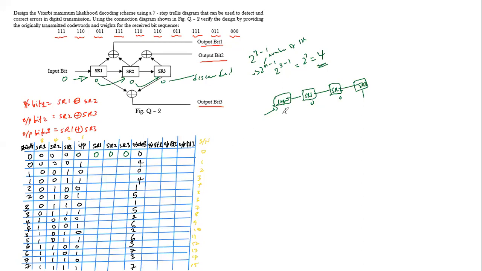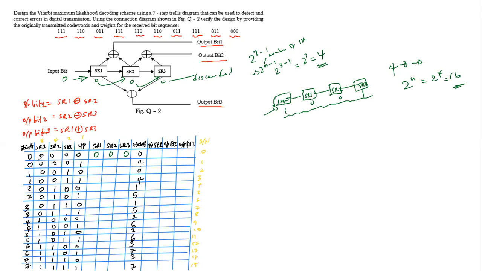So at this point, we'll have to deal with 4 bits, right? And we already know from our truth table, if we have 4 bits as our input, then 2 to the power of 4 will give us 16 possible outcomes, which we already did here and populated all of this.